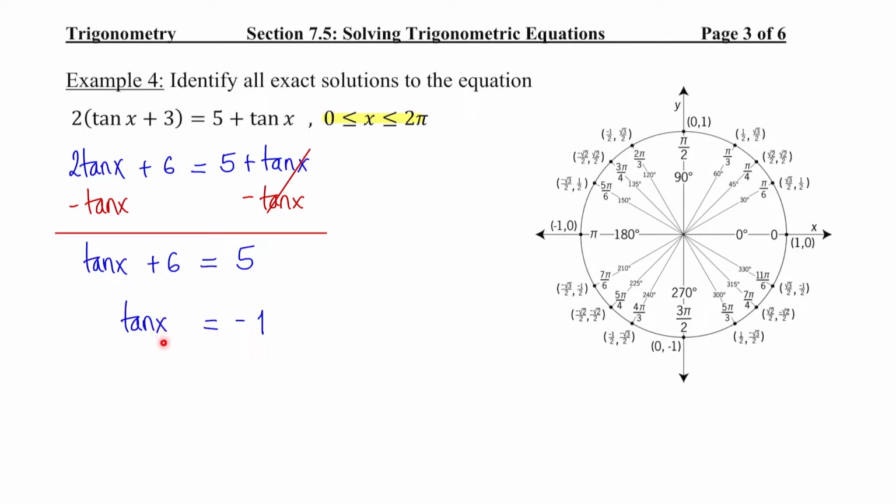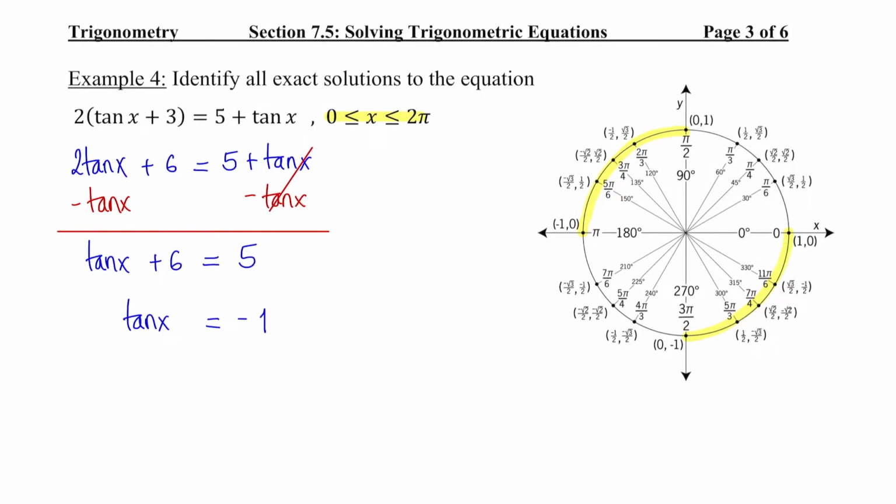I try to find the value of x that makes tangent of that value equal -1. Tangent is negative when my angle is in the second quadrant and the fourth quadrant. When you look at your unit circle, they don't tell you the value of tangent. They only tell you the value of cosine and sine. So whenever you want to find the value of a tangent, you take sine divided by cosine.